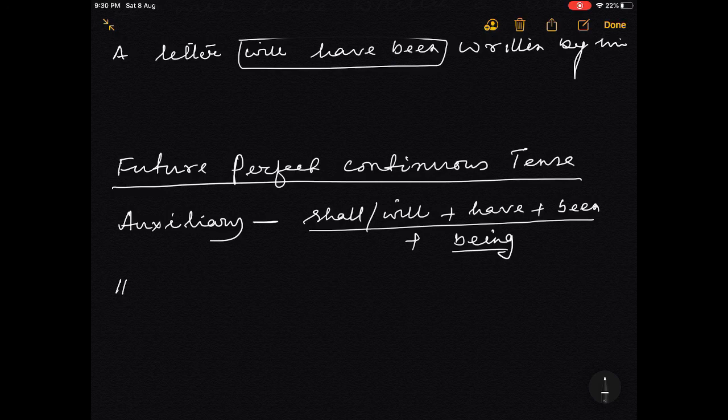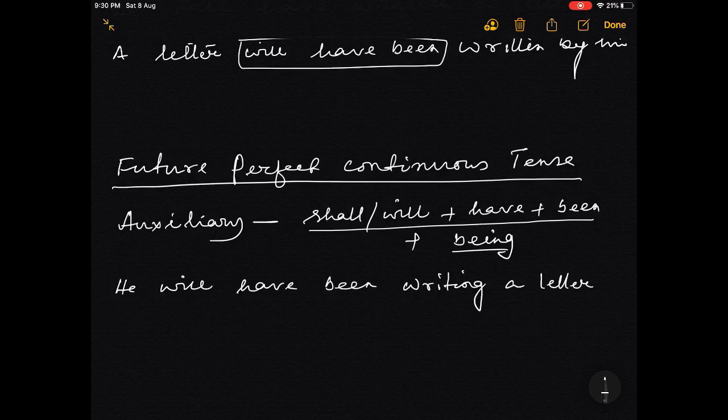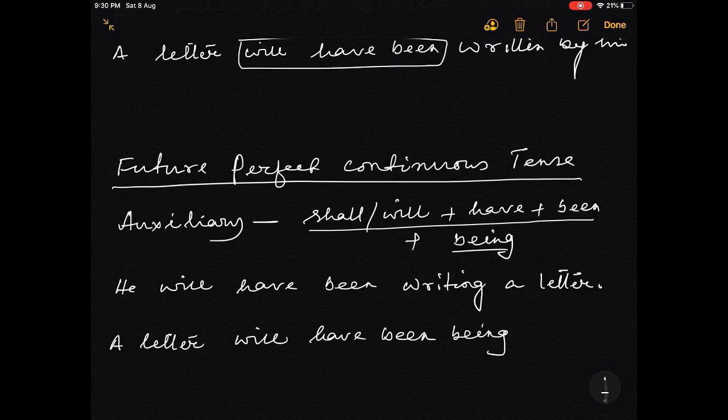Take the example. He will have been writing a letter. Passive will be a letter will have been being written.